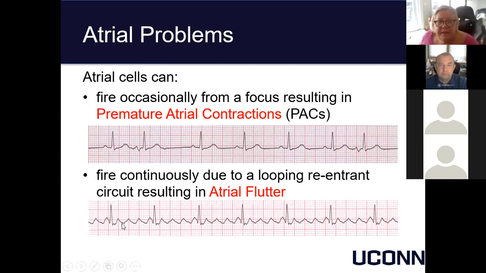This happens to be a 4 to 1 pattern where there are 4 flutter patterns with 1 ventricular response. And that ratio can change depending on how often the flutters are getting through either to the AV node or to the ventricle. And so it can change the rate of ventricular response.